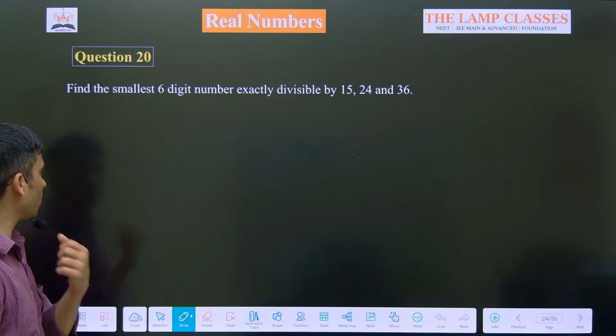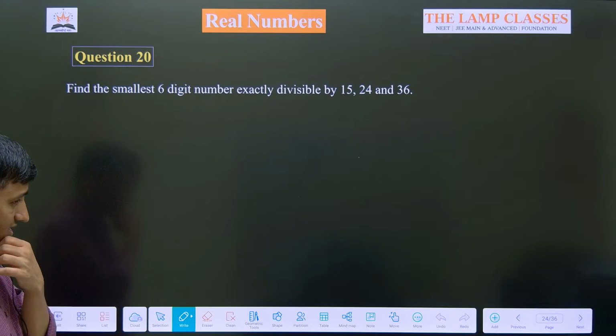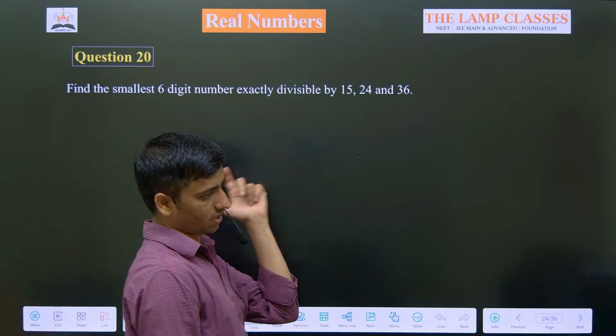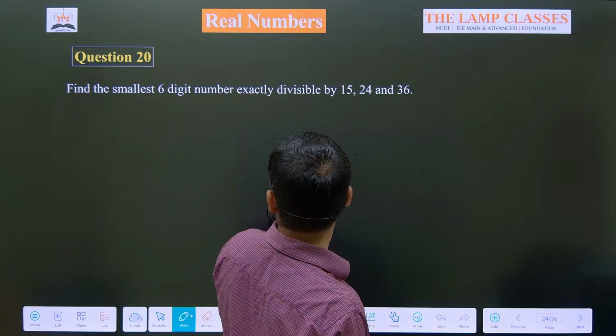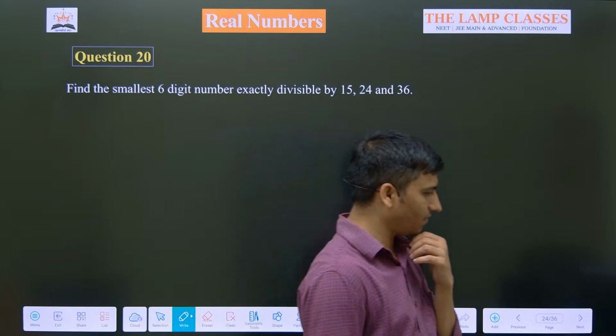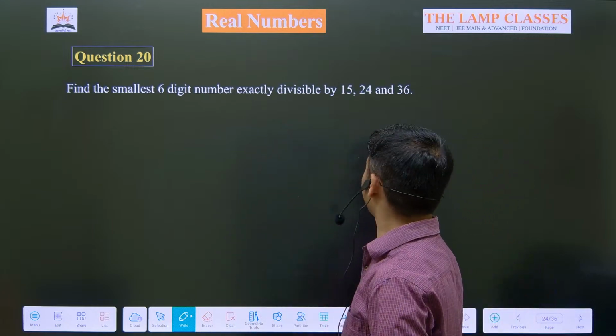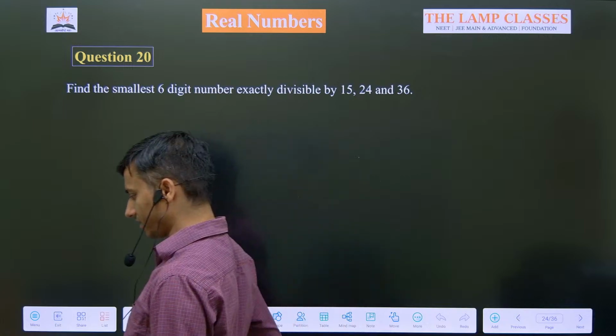This is also somehow related to the previous question only, but since they ask it, I have brought it here. Find the smallest 6-digit number that is exactly divisible by 15, 24 and 36. Please do it, and answer in the chat, guys.